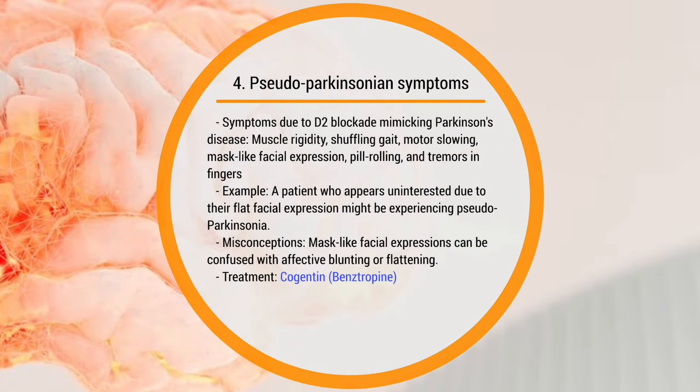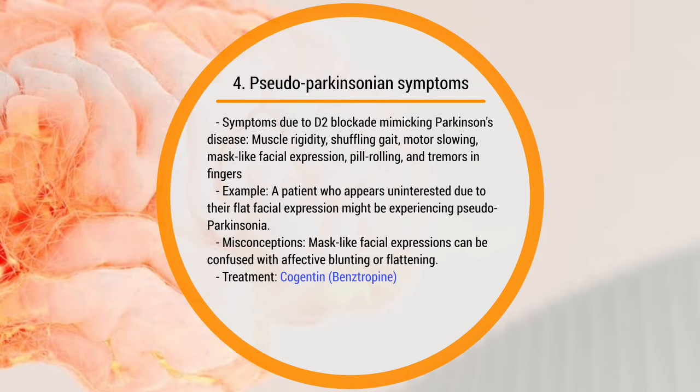What's next? Well, pseudo-parkinsonian symptoms, right? From the nigrostriatal pathway that we covered earlier. These are symptoms due to the D2 dopamine blockade, mimicking Parkinson disease. Those patients have muscle rigidity, shuffling gait, motor slowing, mask-like facial expression, pill-rolling, and tremors in the fingers.